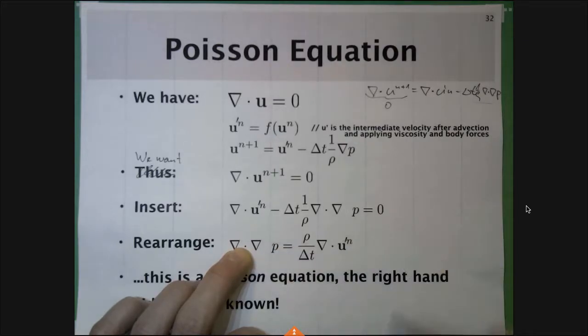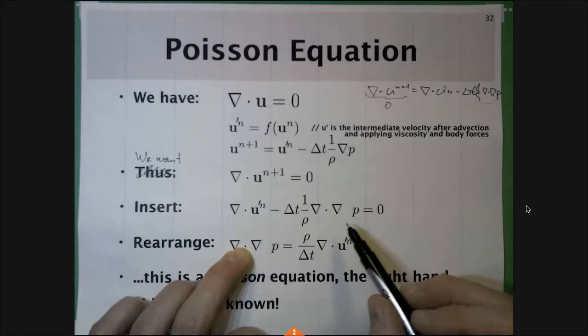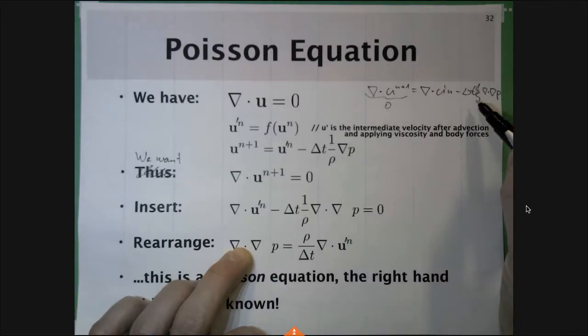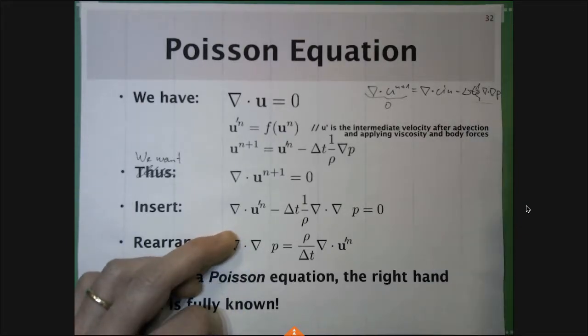Do you mean to have two divergence symbols in the formula you wrote? You mean here? No, I think it's correct. I put the divergence symbol here. Yeah, this is a silly notation, because this is just the delta t.